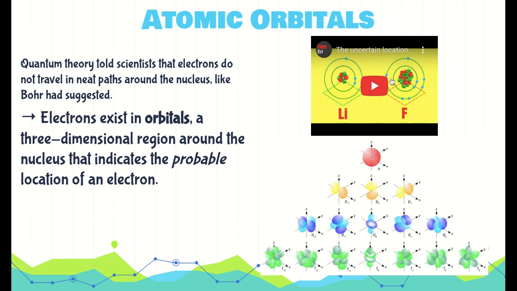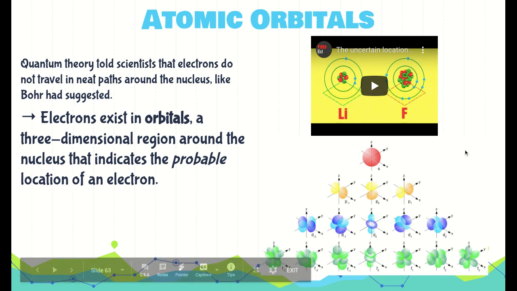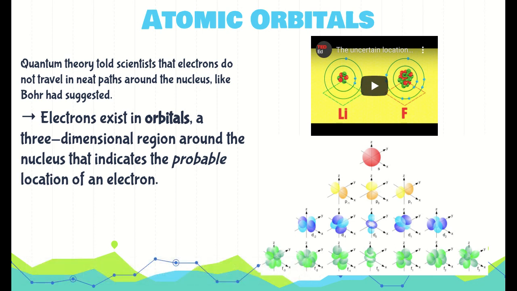Again, here's another video that is beneficial. It does a good job of explaining why electrons would need to move out into a different orbital. But this picture down here, and we will talk about this a little more later in the year, shows nicely where all these electrons can exist.